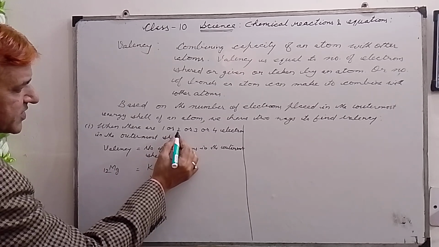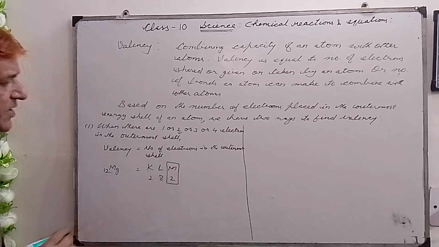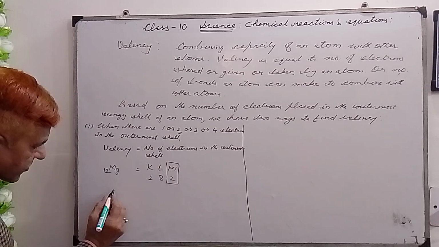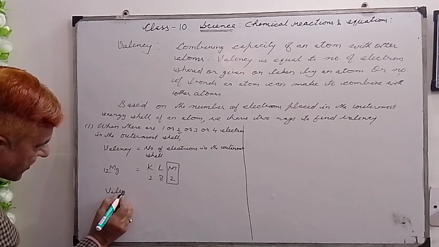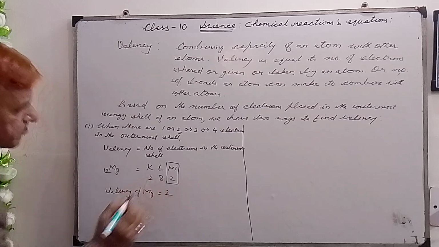How many electrons are there in the outermost shell? 2. So the valency of magnesium is 2.